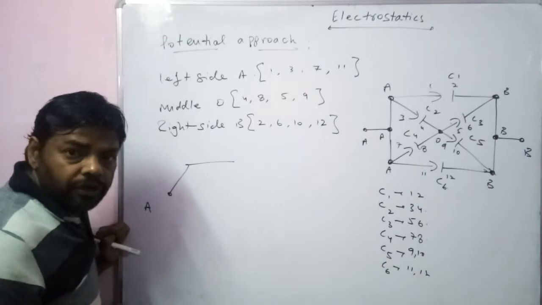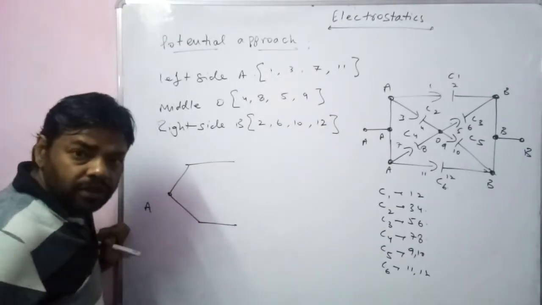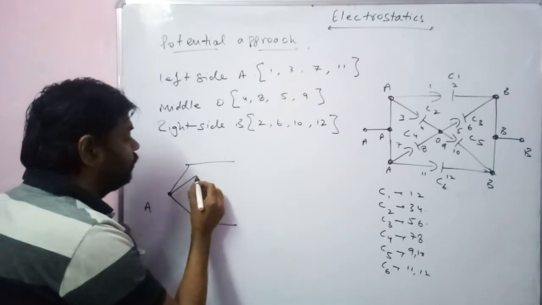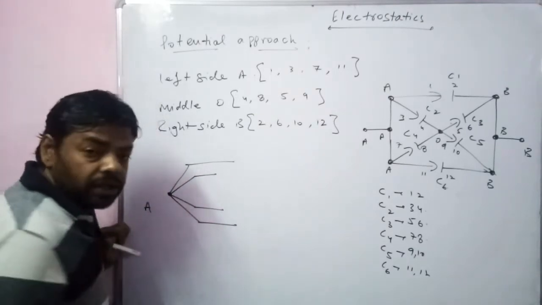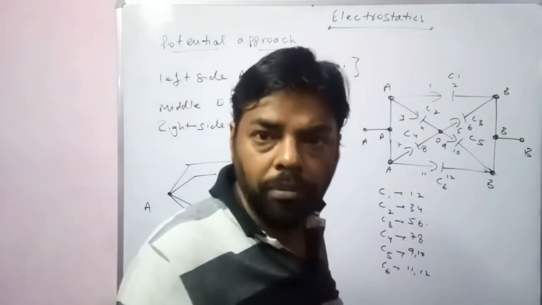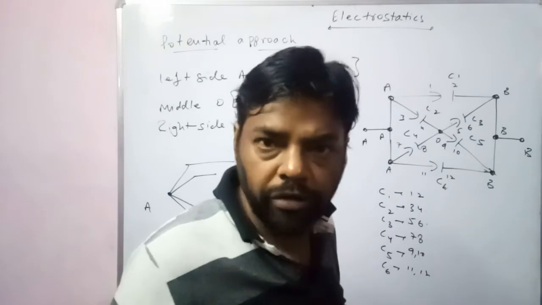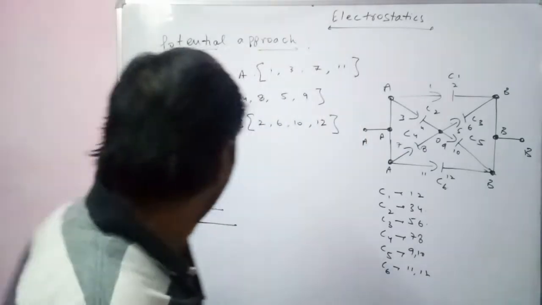So let us say it is the first part. Let us say the second part. Let us say the third part. Let us say the fourth part. Okay? We are going to try to maintain the original form of the circuit if it is possible.